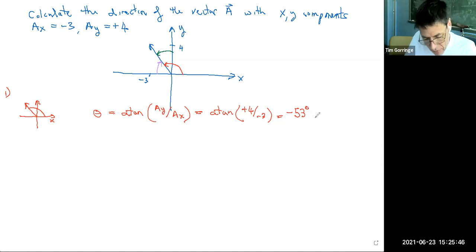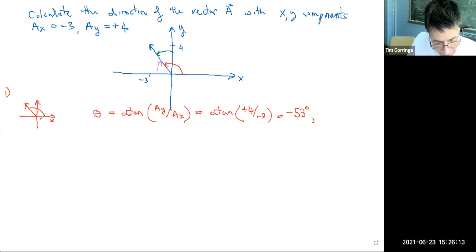Now, there's an important point here. There are two angles that have a tangent of minus 1.33. There's minus 53 degrees, which would be 53 degrees below the horizontal here.